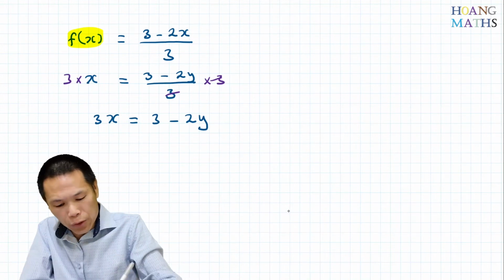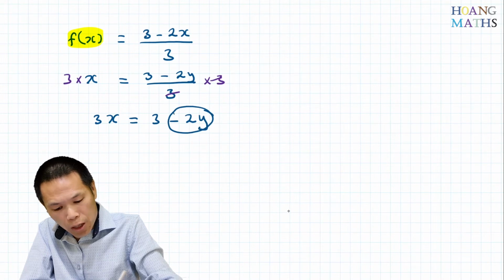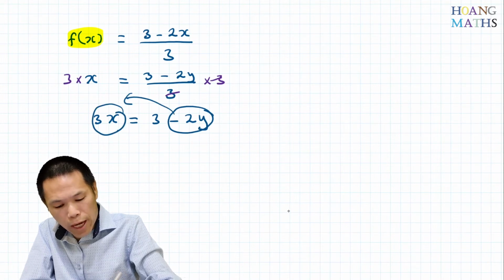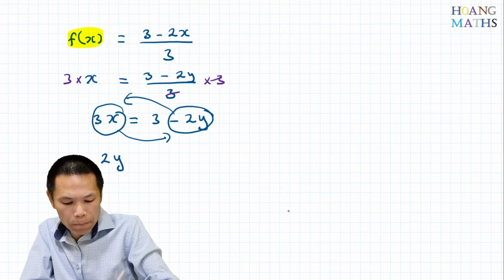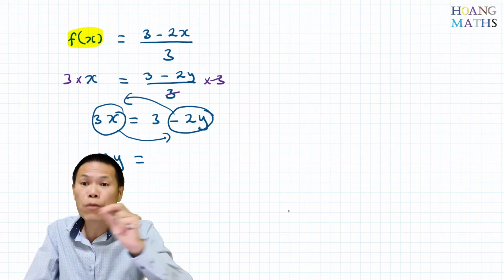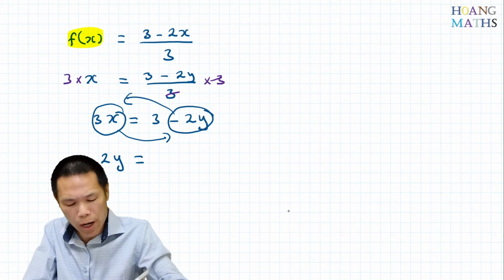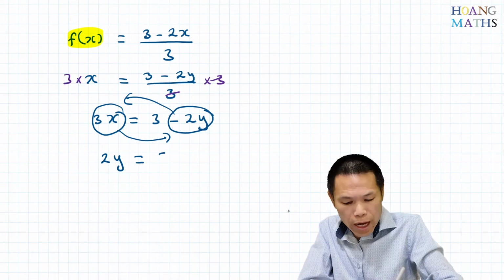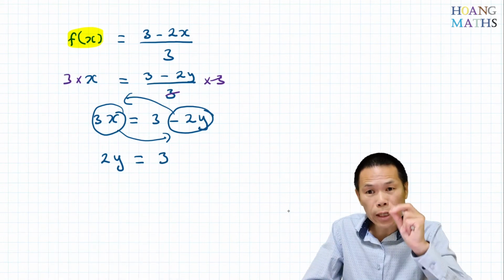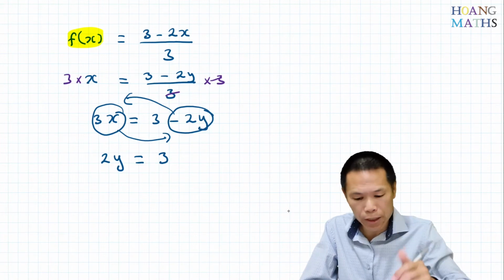So I will have 2y, because negative 2y I move on that side becomes positive 2y. So the 3, I write this down first. So 3x I move on this side becomes minus 3x.